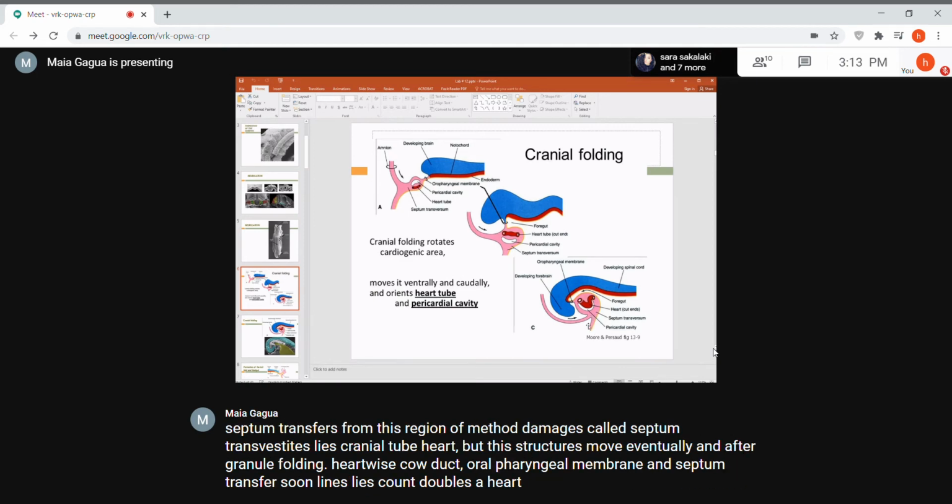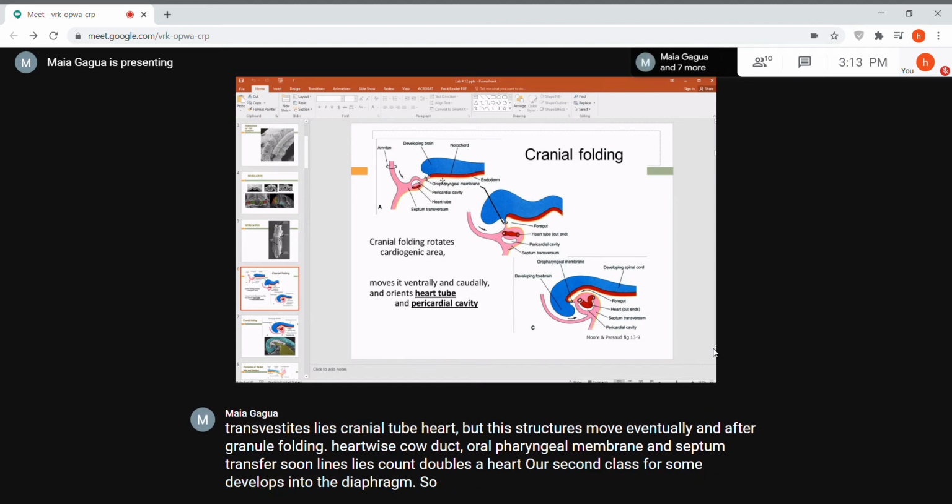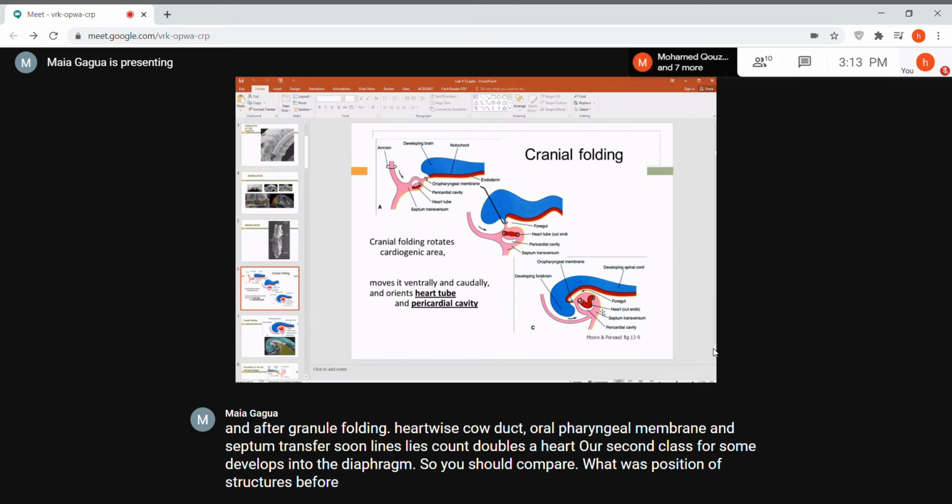The septum transversum develops into the diaphragm. So you should compare what was position of structures before folding and after folding. They move ventrally.